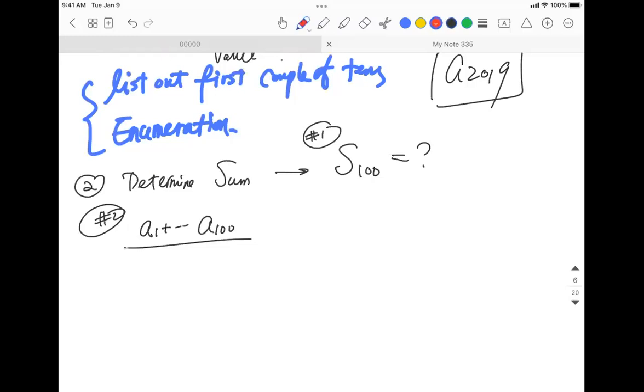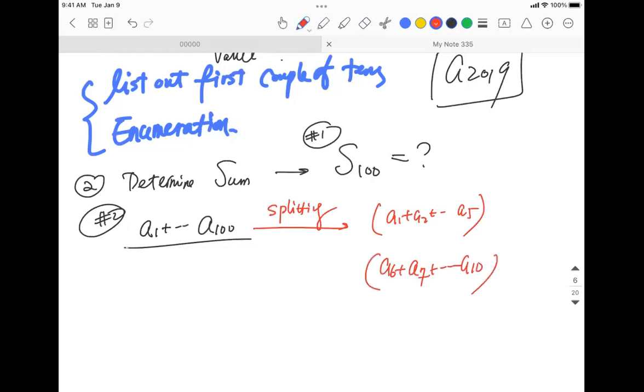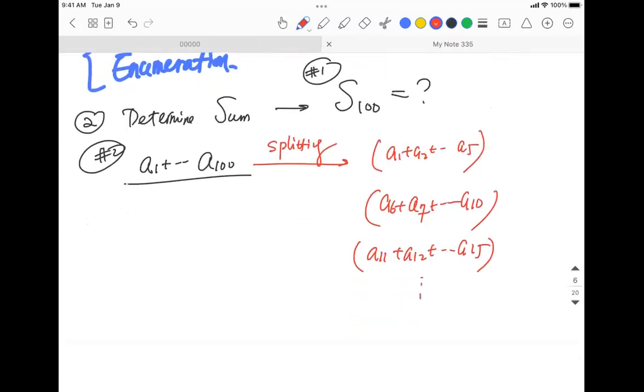Then you might have to use a splitting method, splitting this entire 100 terms into, I'll just give an example, A1 plus A2 all the way to A5. This is one group. A6, A7, all the way to A10, second group. A11, A12, all the way to A15, third group, so on and so forth, all the way to the last one, A100, right?